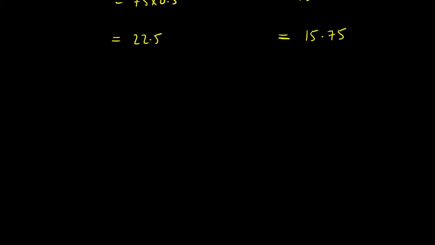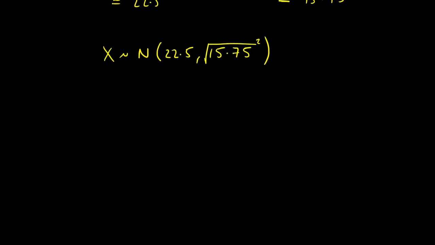We can say that X is normally distributed with a mean of 22.5 and with a variance of 15.75. Okay, but I'm going to rewrite that as the square root of 15.75 squared because I want to remember when I come to use it later on. Now, what did I want to do? I wanted to find the probability that X is greater than or equal to 21.